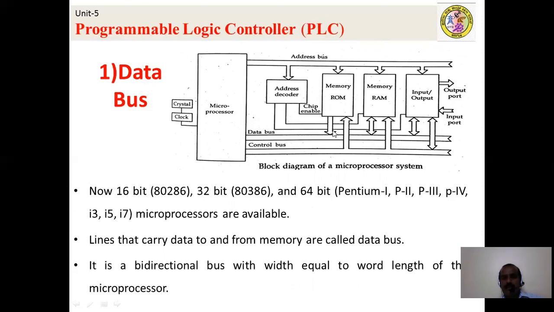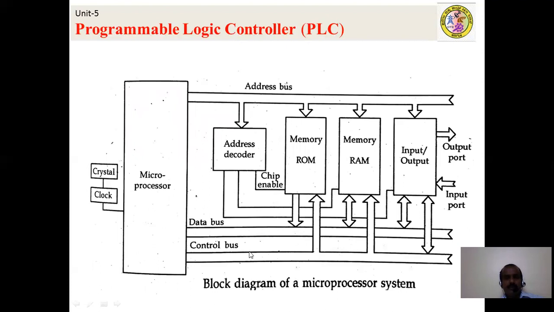Data bus is a bidirectional bus with width equal to the word length of the microprocessor. It carries data into the memory or from the memory into the microprocessor. So here we have a data bus which is running from the microprocessor to the ROM, RAM, as well as input-output devices.